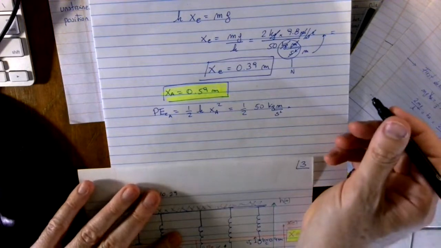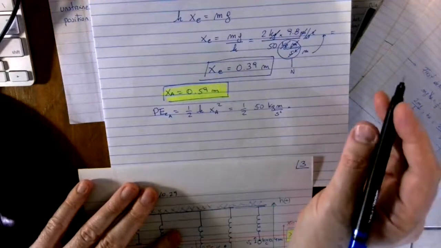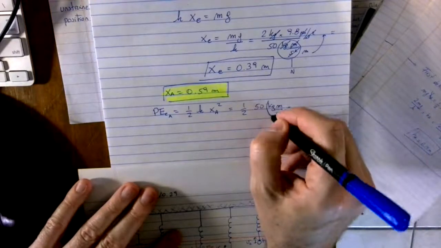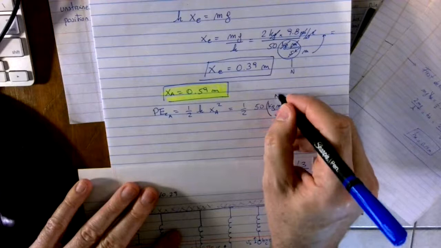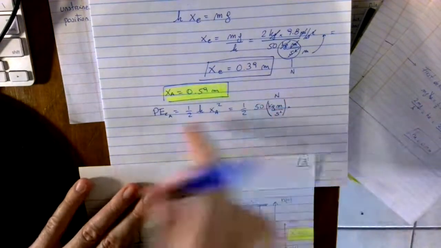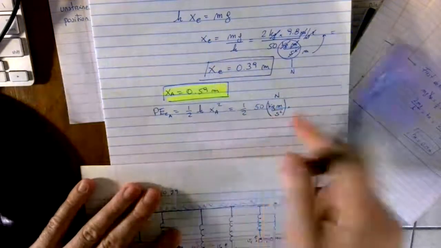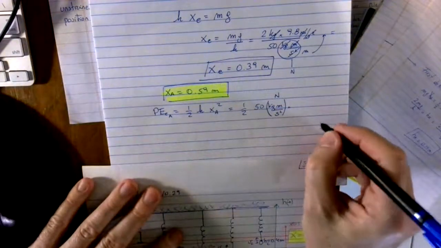We're going to calculate potential energy, and I will actually leave it in newtons, because in this particular case we're calculating the potential energy, which is given in joules.